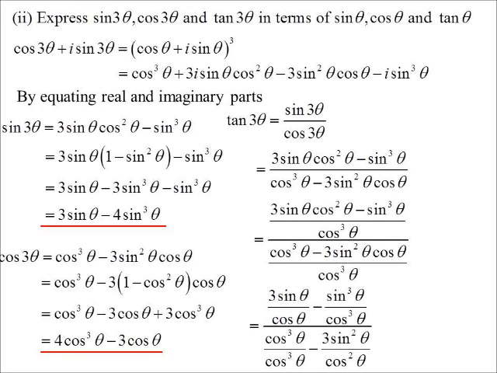And the reason I picked cos cubed, we're trying to turn it into tans. And we know tan is sine on cos, so it makes sense to divide by cos. And because we've got powers there, I'm going to divide by the highest power.